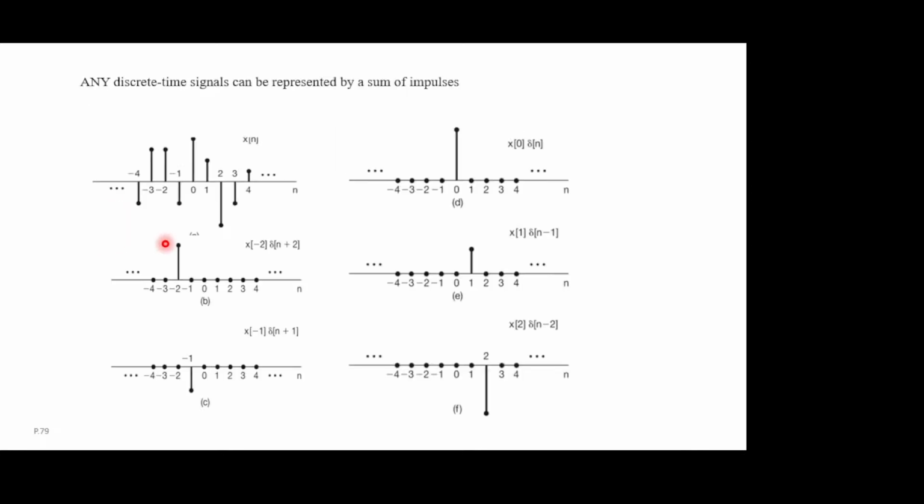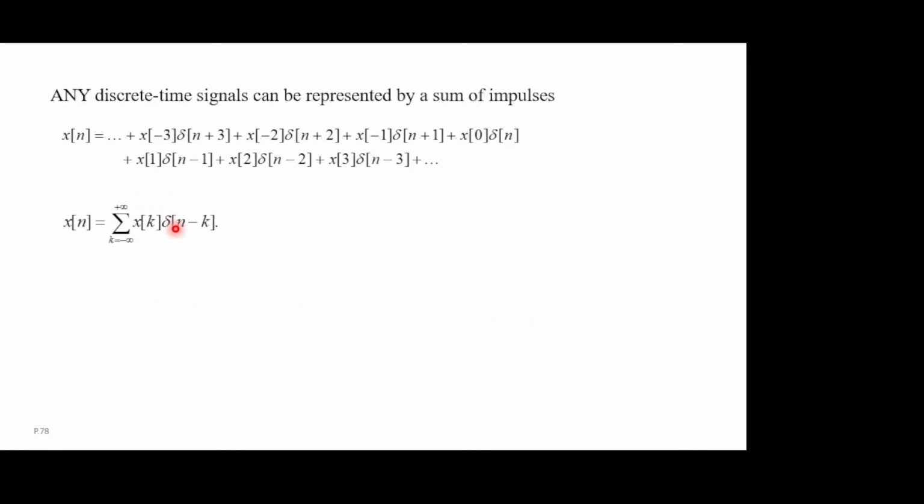So with summation over k from minus infinity to plus infinity, x of k. So for example here we'll have k equal to minus 2, k equal to minus 1, k equal to 0, k equal to 1, k equal to 2, etc. So we have x of k, the x value at the point you want to look at, and the corresponding shifted impulse, delta of n minus k.